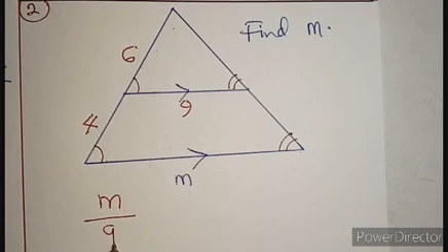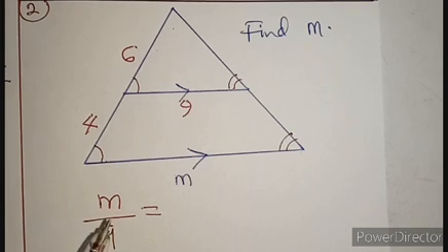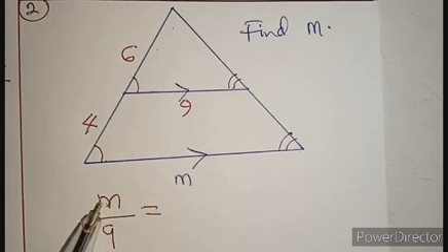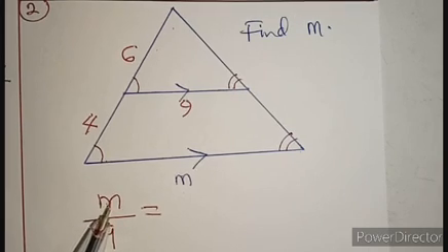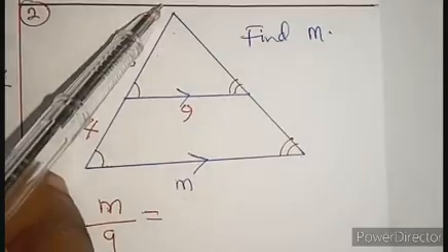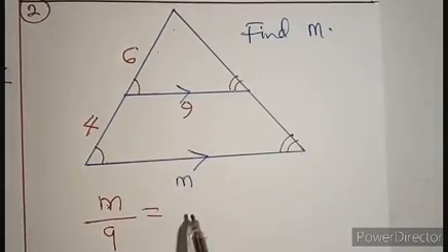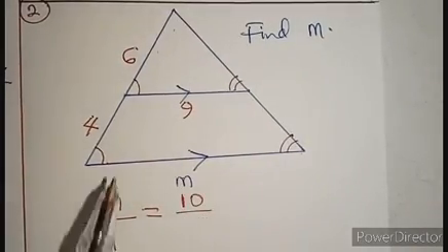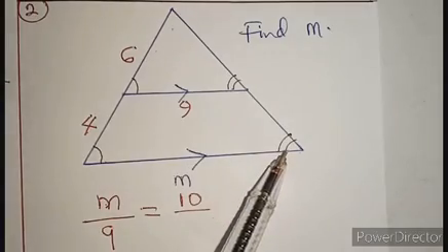So over 9 equal to, since this one is picked from the bigger triangle, go back to the bigger triangle and pick a side that is completely given. This side is completely given and it's 10. And the 10 is facing angle double stroke.